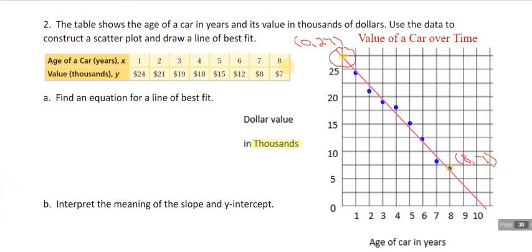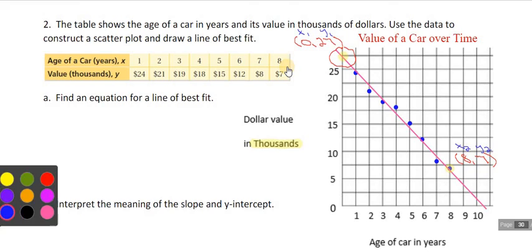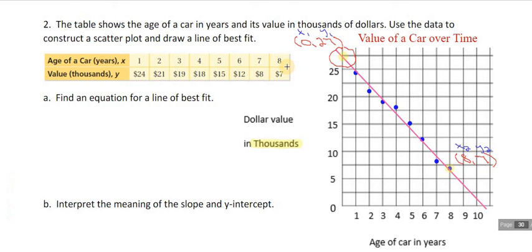And I'm going to label x1, y1, x2, y2. All right, so our slope formula is y2 minus y1 over x2 minus x1.